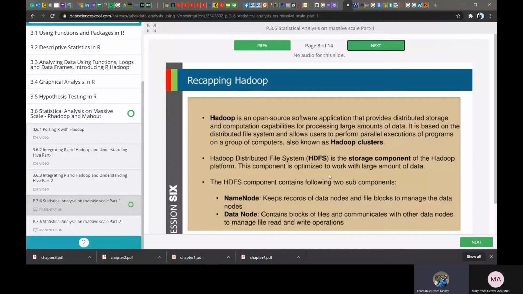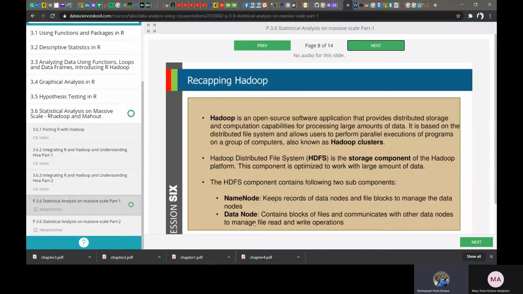Hadoop Distributed File System is the storage component of the Hadoop platform. The HDFS component contains the name node and the data node. The name node is the one that keeps the metadata. Metadata simply means data about data, such as when a file was created, edited, deleted, or updated, and also the file location.